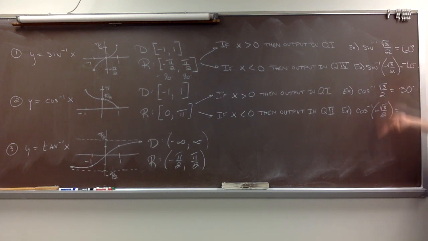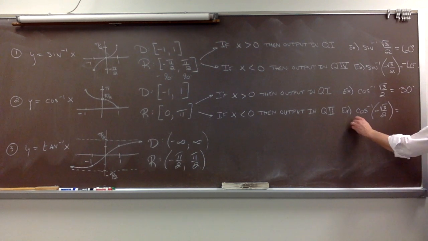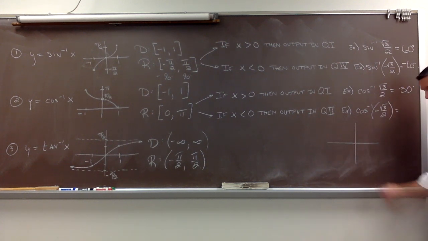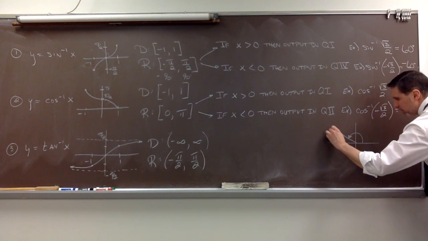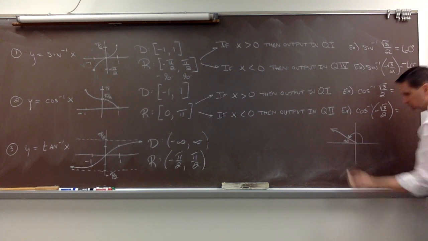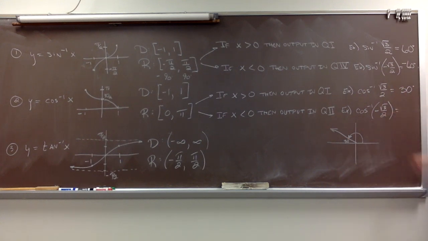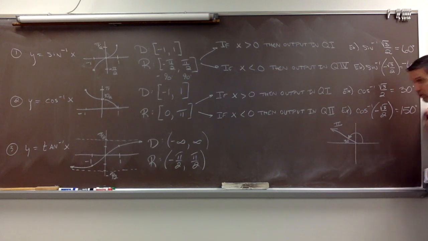Well, if you think about quadrant 2 with a reference angle of 30 degrees, I'm going to have to erase this here momentarily. A reference angle of 30 degrees in quadrant 2 indicates that your calculator should give you 150 degrees, which it absolutely will. Do cosine inverse of negative square root of 3 over 2, and it will say 150 degrees, because it has to be a reference of 30, but you have to be in quadrant 2.